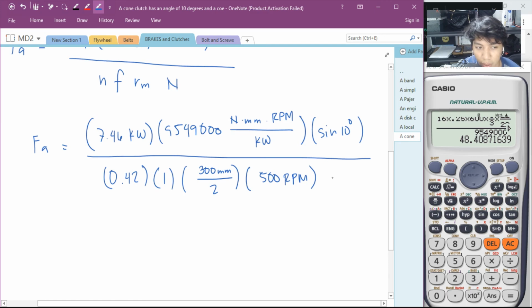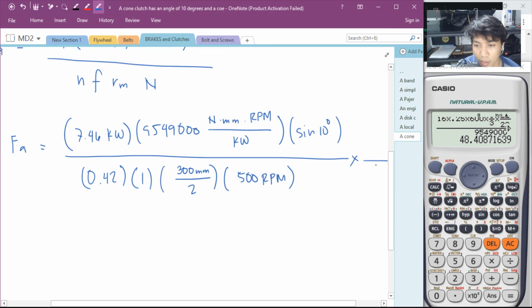Okay, so you have multiplier natin. 1 kilonewton in every 1,000 newtons. Cancel all the same units that is present there. Kilowatt, yung newton, newton, RPM, RPM. Ang lalabas is kilonewton.